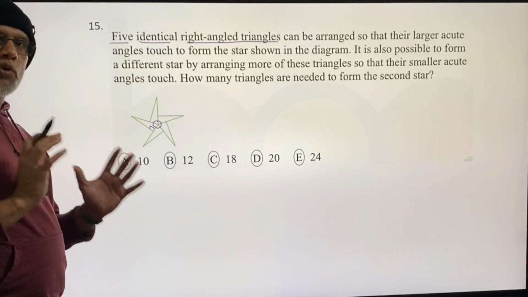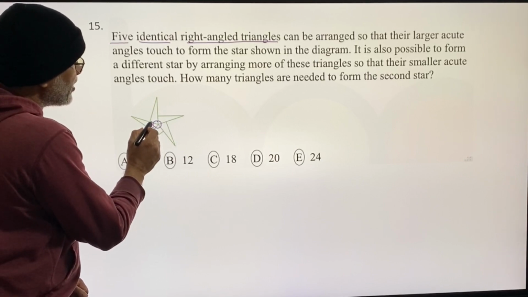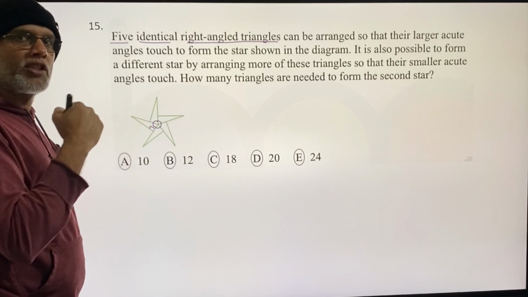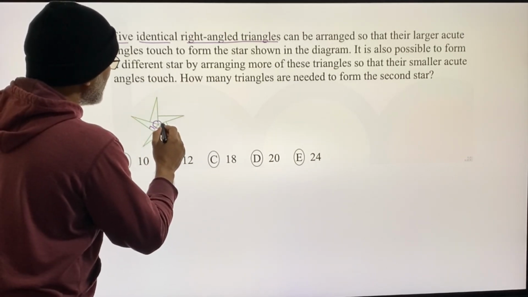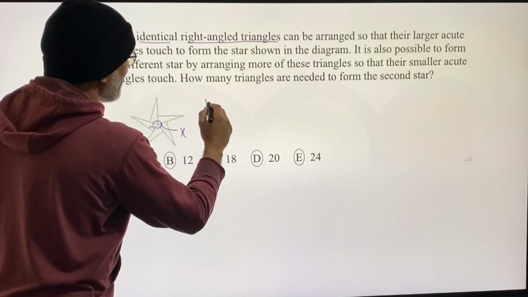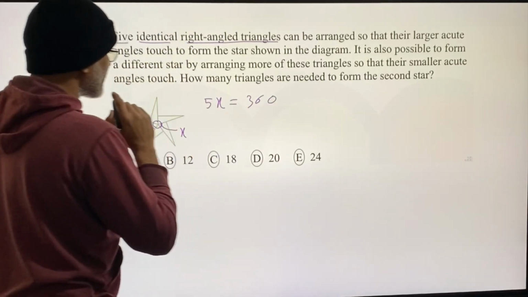The key thing to notice here though is these 5 larger acute angles, right? They touch to form the full circle or 360 degrees. So if I call one of the larger acute angles x, so 5 of those, 5x is 360 degrees.